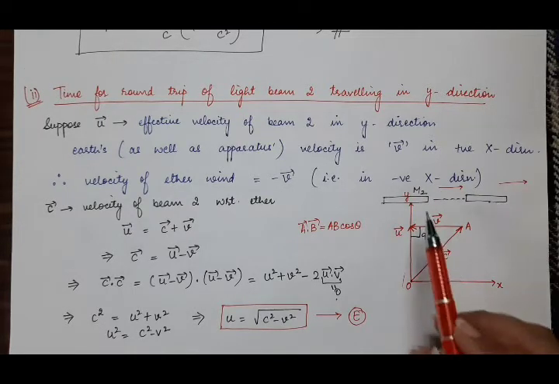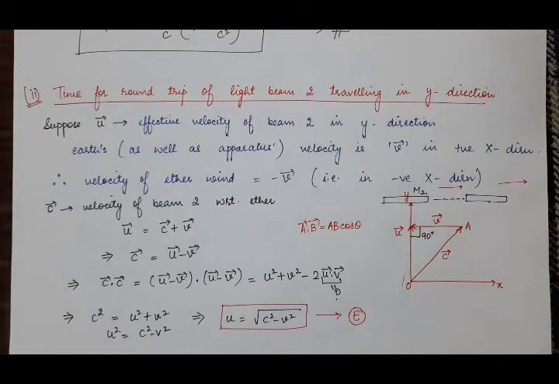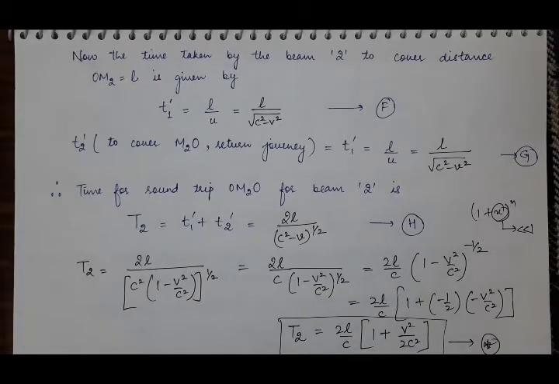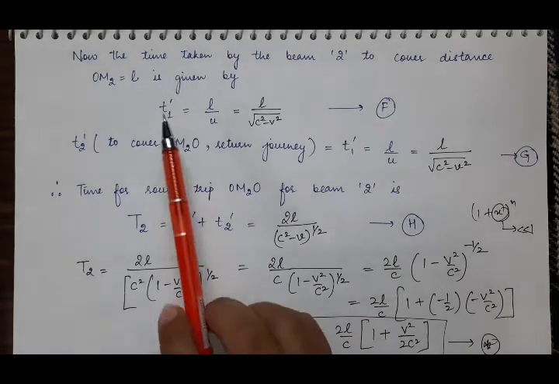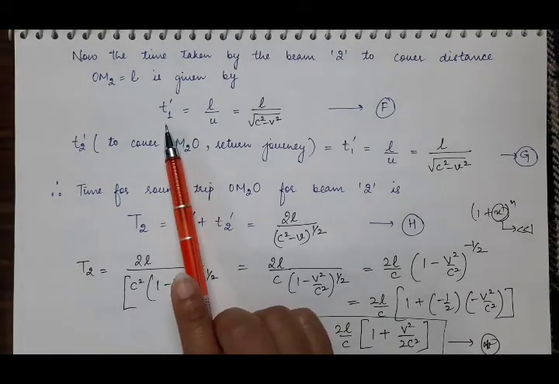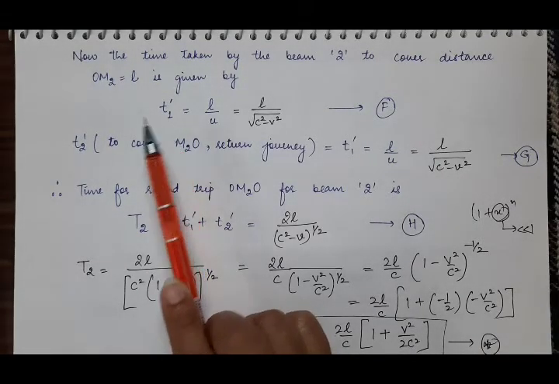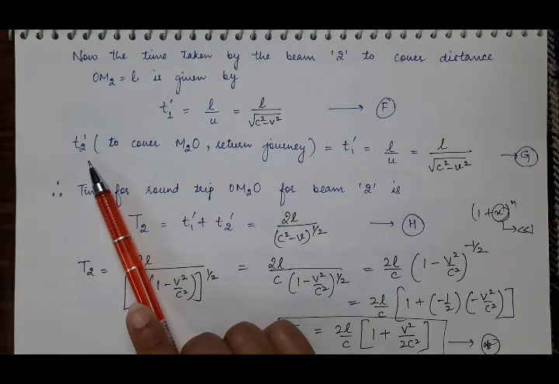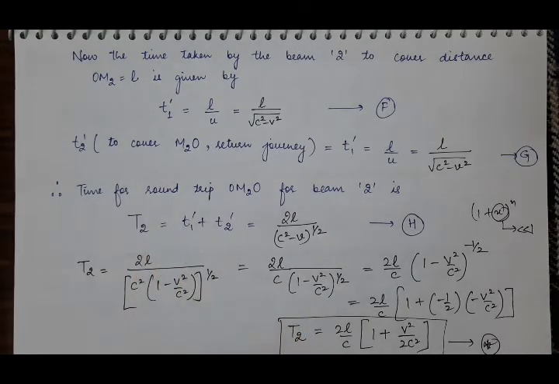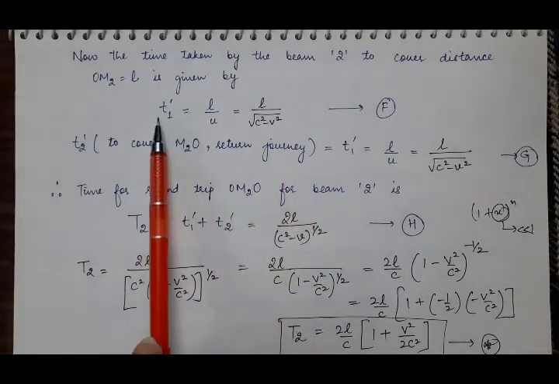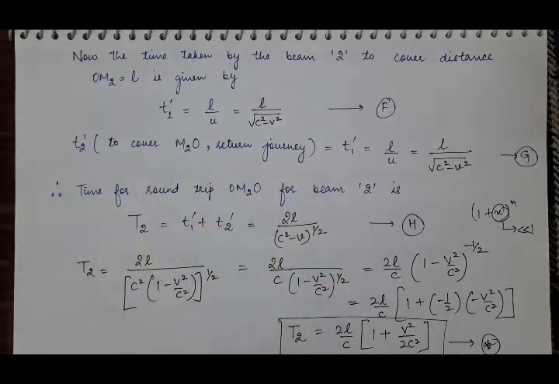And similarly from M2 to O, it will be again L upon root c square minus v square. So suppose the time from O to M2 is T1 dash and the time taken for the return journey is T2 dash. Now what will be the total time taken by beam 2 for the round trip? It will be the summation of these two times, T1 dash and T2 dash.